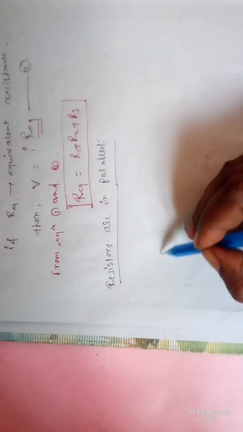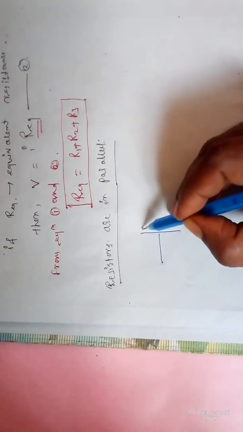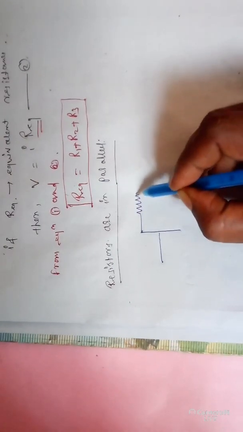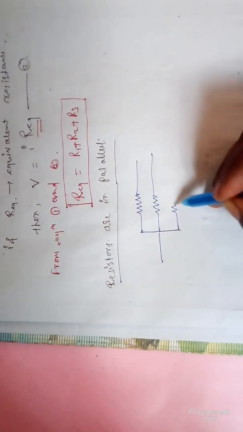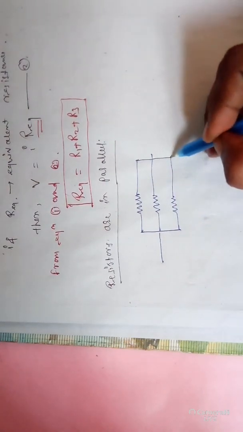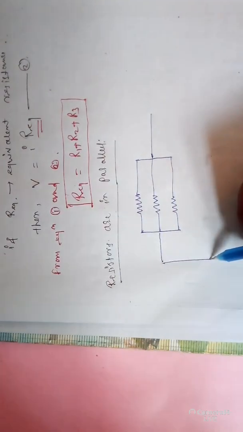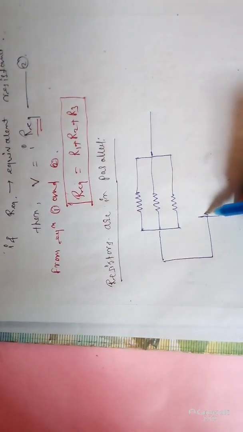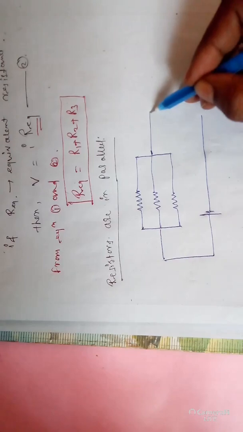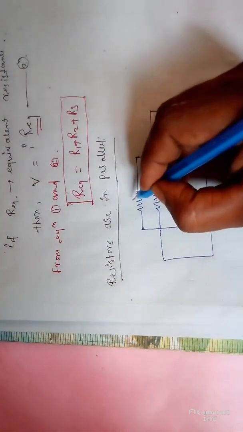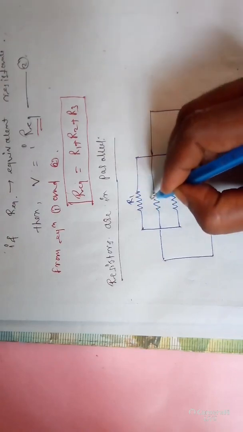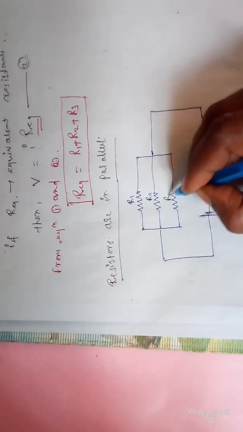Just draw this diagram. First resistor, second resistor, third resistor. All these three resistors are connected in parallel. All these three resistors are connected with a potential difference V. The value of the resistance is different, R1, R2, R3.